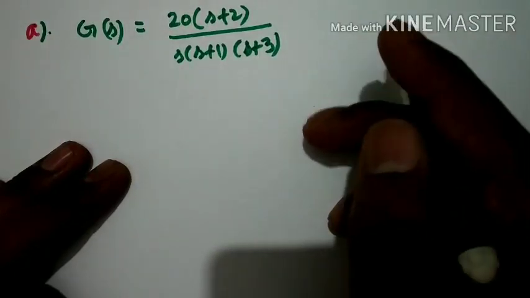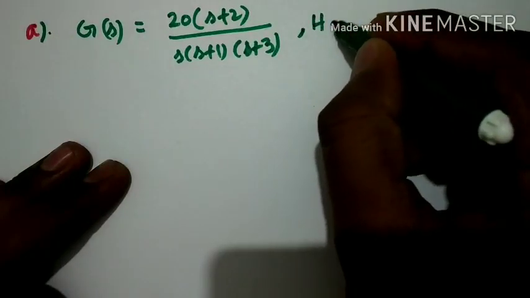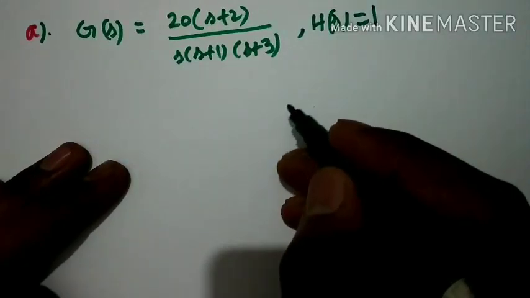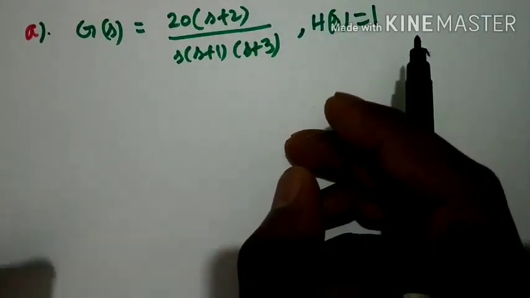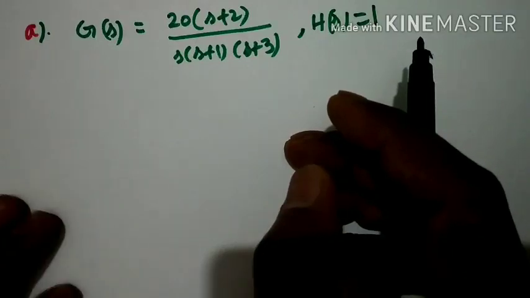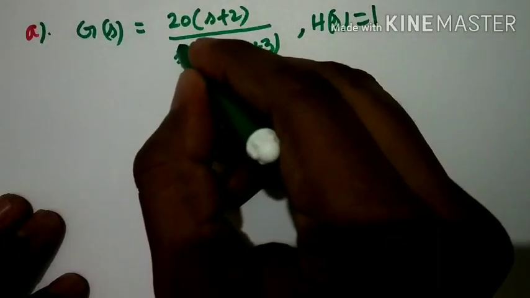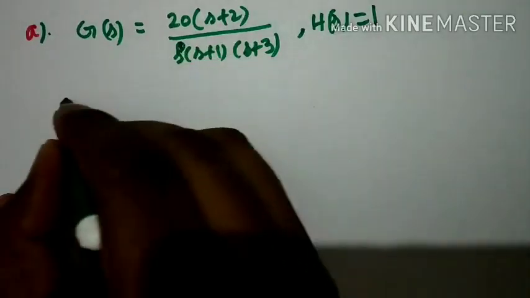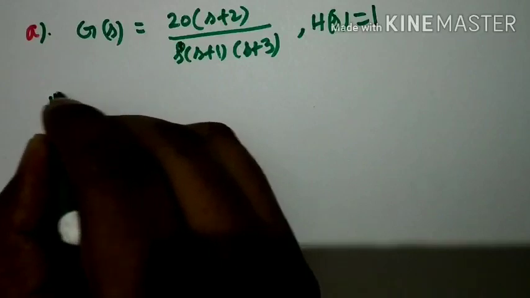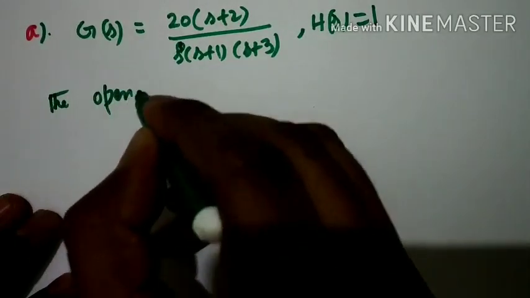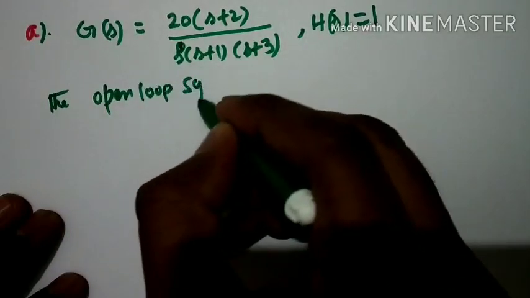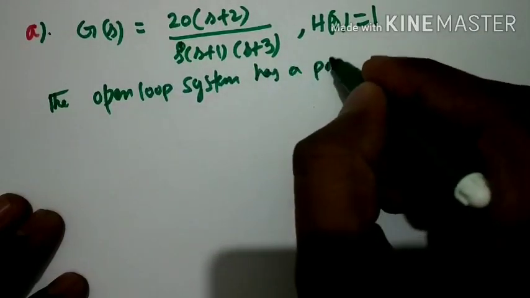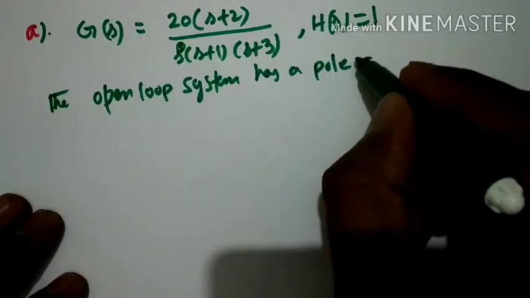You assume that here H of s is equal to 1, unity feedback system. Now the open loop system has a pole at origin. You see that the power of s is 1, so the open loop system has a pole at origin.